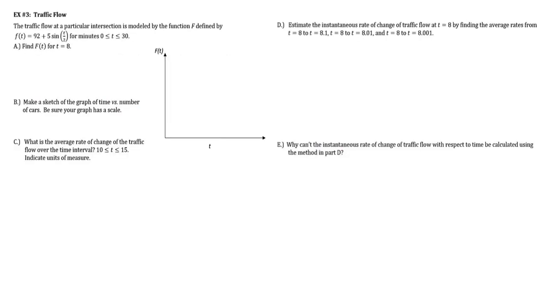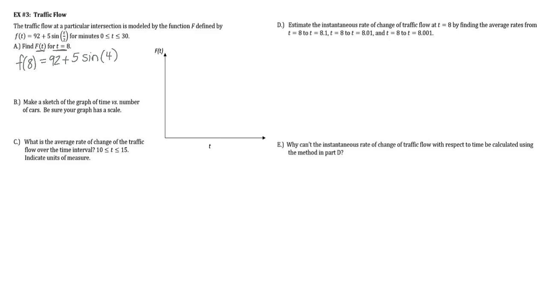Okay, in example 3, we have traffic flow. And so what we're going to do here, the first part, they want us to calculate our function for t is 8. So we're going to say f at 8 is going to be 92 plus 5 sine of 4.